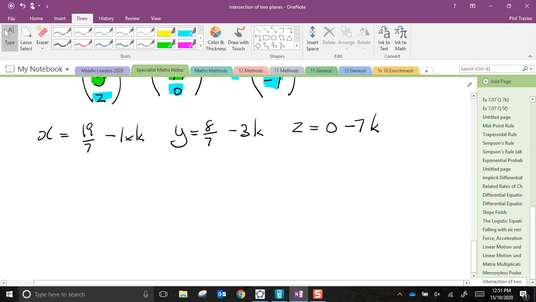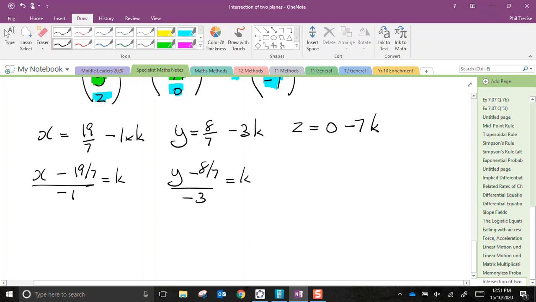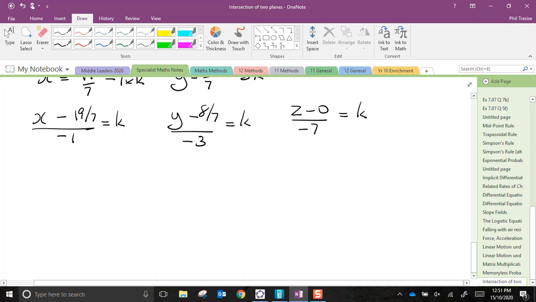Rearranging each of these expressions to isolate k, I would have x minus 19 over 7 divided by negative 1. Then I'd have y minus 8 over 7 divided by negative 3, or z subtract 0 over negative 7 equals k. Equating all of these, you can see that each of these equal k.